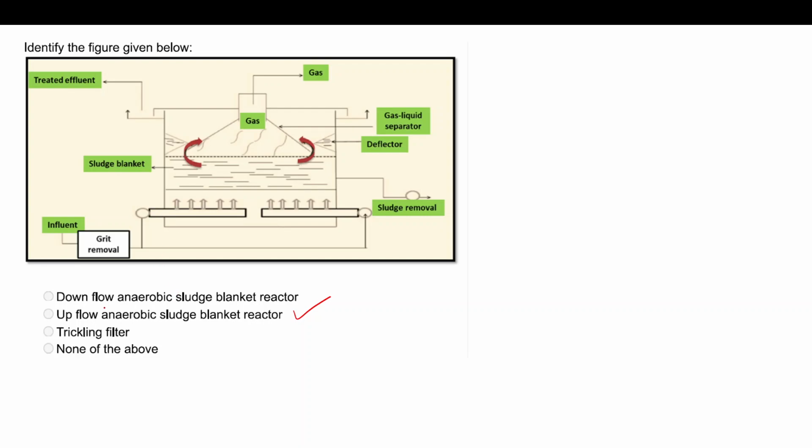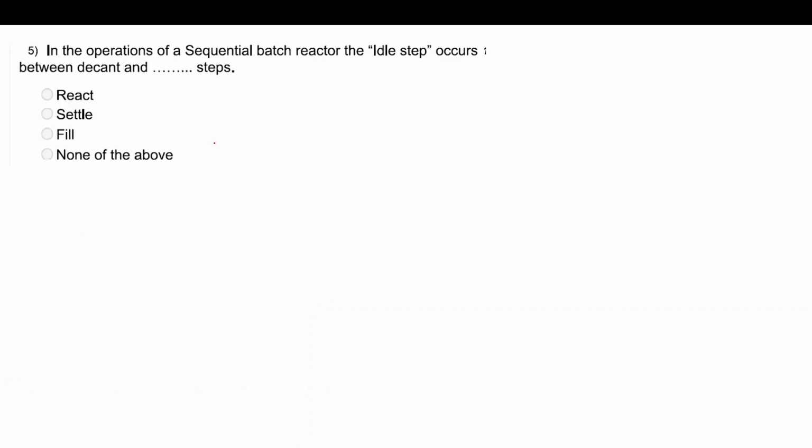Apart from this, upflow and anaerobic process matches here because the flow of water is in upward direction. While in trickling filter, you can say the flow of water is from top where it is sprayed from nozzle, right? So it is upflow anaerobic sludge blanket reactor.